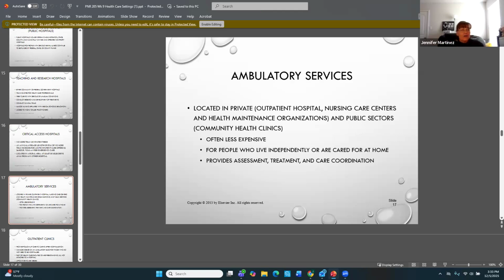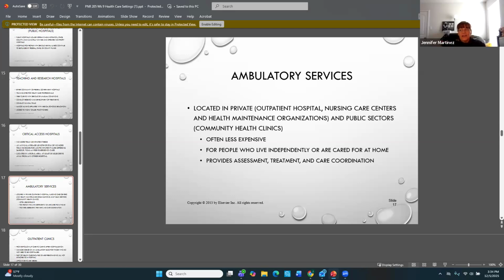And then, outside of the acute care hospitals, we have things like ambulatory services. Ambulatory services may also be located in an outpatient hospital. It could be nursing care centers, it could be your HMOs. There's also community health clinics.